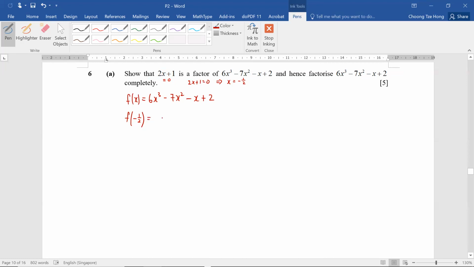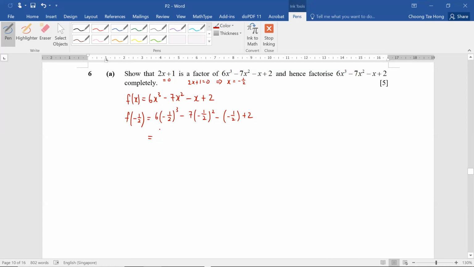Right, so let's substitute in and then we will calculate the value of f(-1/2). Right, so for questions such as this, you've got to show your working. So if we calculate this, negative half cubed will be negative 1 over 8.